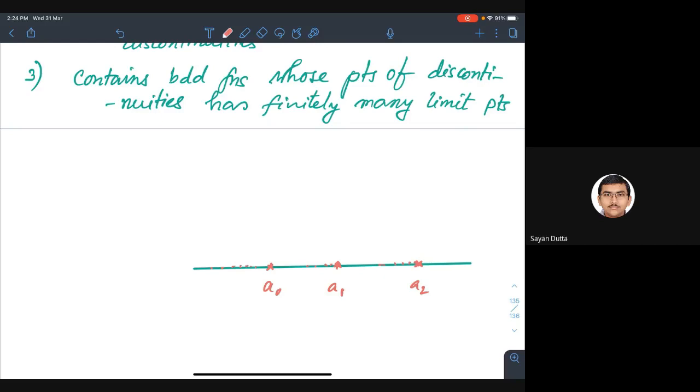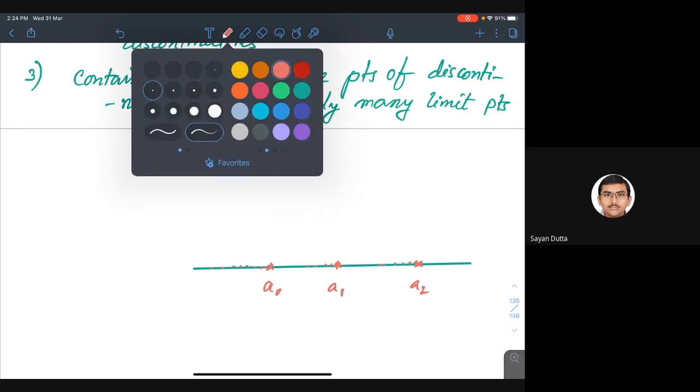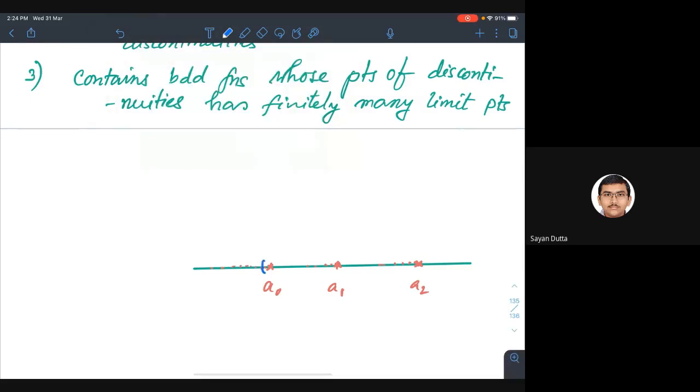Now, what does limit point mean? Take any neighborhood, it will contain all but finitely many points, right? So there will be only finitely many discontinuities out of this neighborhood.